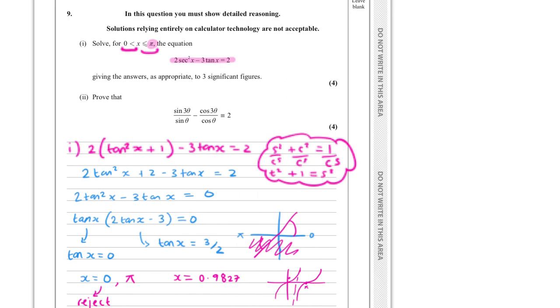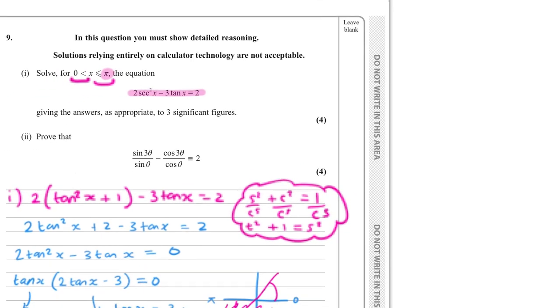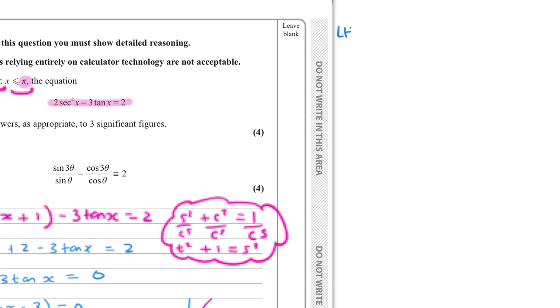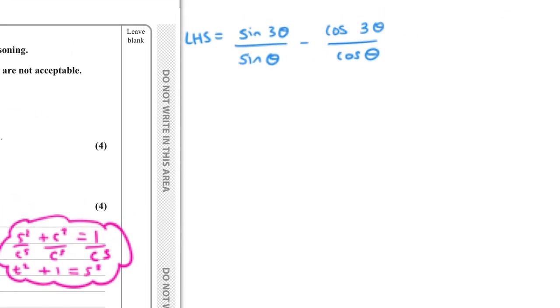Right, okay, so we've got to prove that this is equivalent to 2. So first of all, left-hand side equals sine 3 theta over sine theta minus cos 3 theta over cos theta. Now, we want to show that this equals 2. So, here we go.